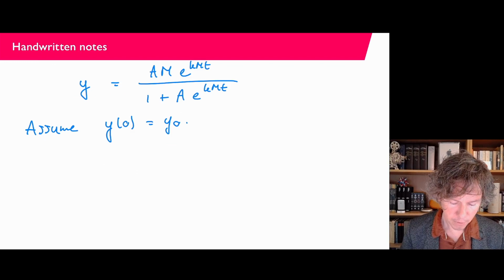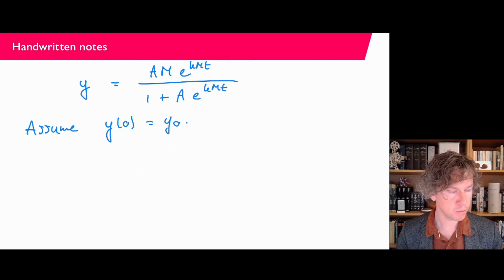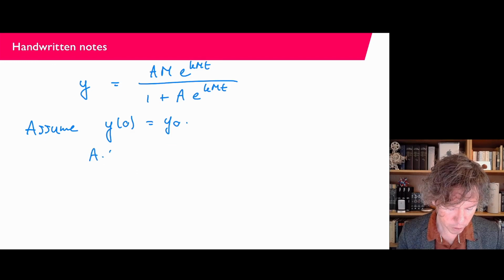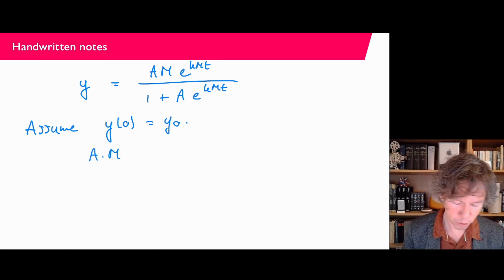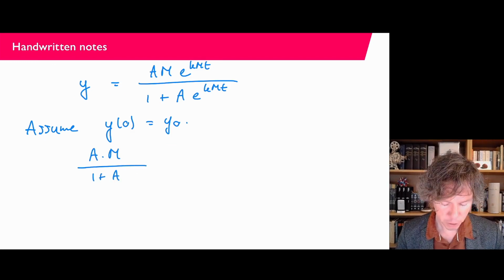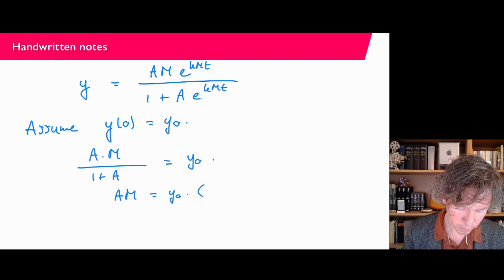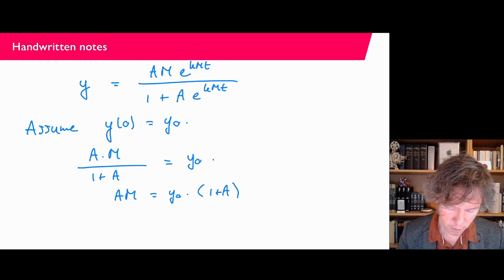So if I plug that in, then in this general solution, let's plug in t equals 0 and see what we find. So we find a times m times e to the power 0, that's 1, over 1 plus a, and that should equal y0, which means that a times m is y0 times 1 plus a, which is y0 plus a y0.